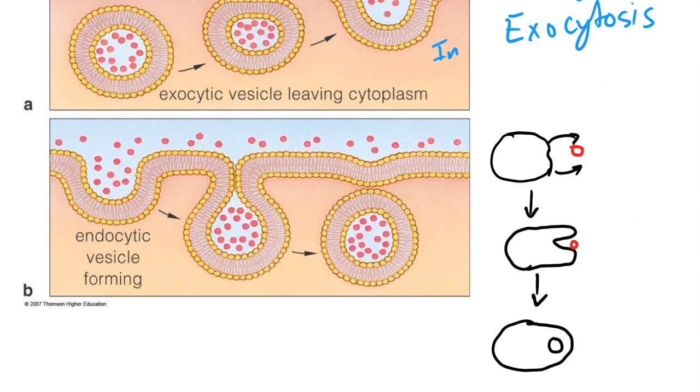And it'll form a vesicle. And so this is endocytosis, because this object is entering the cell.